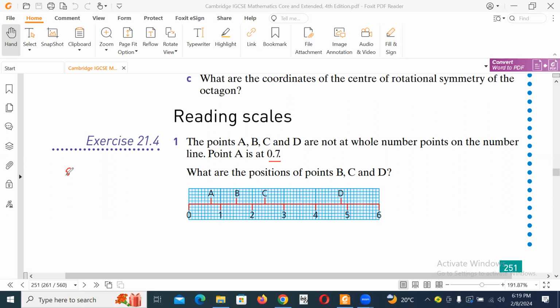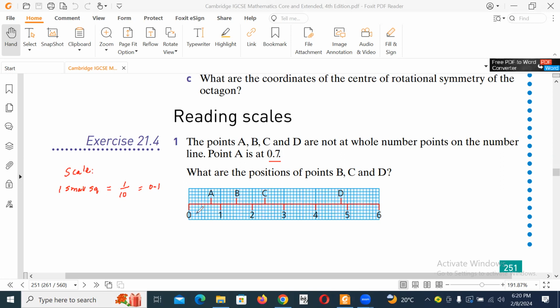That means for the scale, we can say that one small square is equal to 1 divided by 10, because from 0 to 1 we have 10 small squares. So that would be equal to 0.1, or 1/10. Each big square equals 1 and each small square equals 1/10.